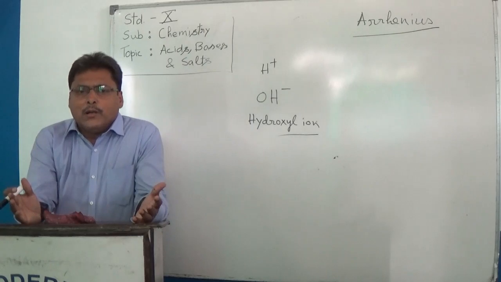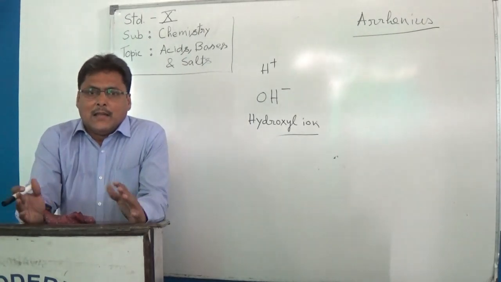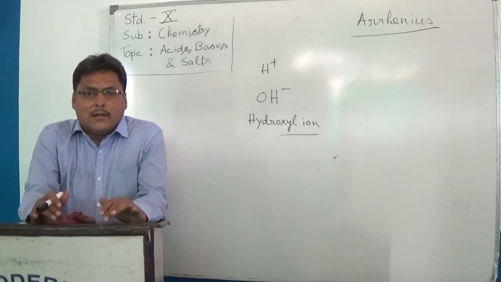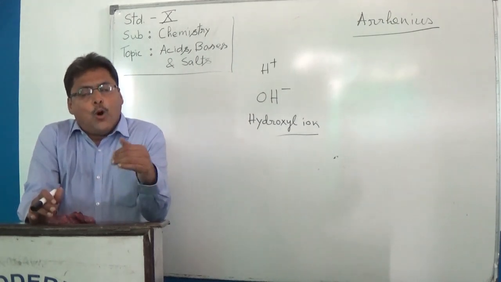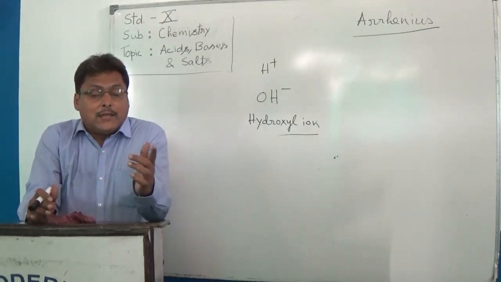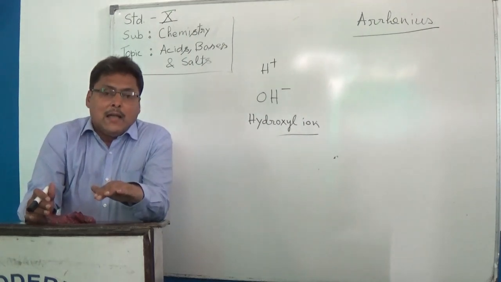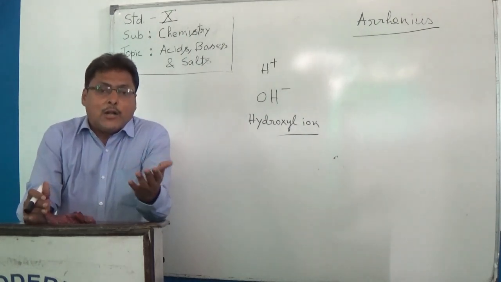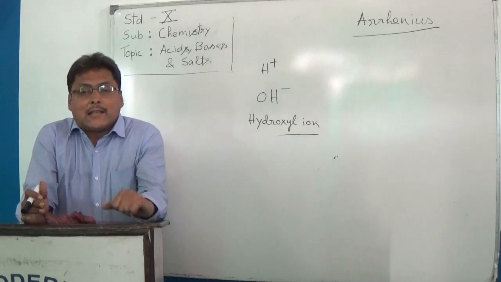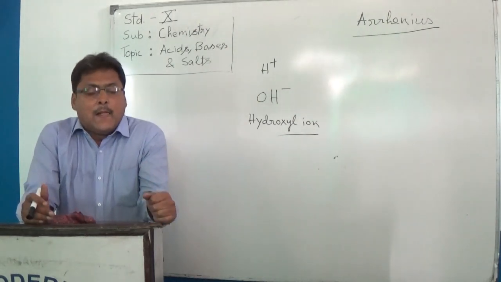H plus ion and hydroxyl ion: the substances in their aqueous solution, when they produce more hydrogen ion, H plus ion, we call them acid. And when they produce more hydroxyl, OH minus ion, we call them basic, or base.